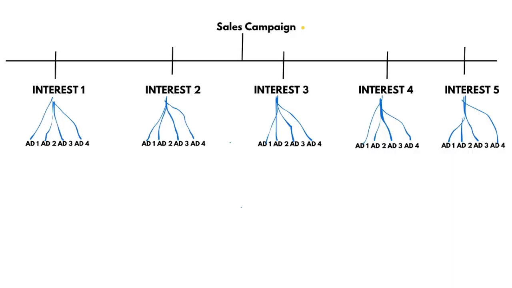After that, in each interest I will create four ads: ad 1, ad 2, ad 3, ad 4. I will create these four different ads and put them in each and every interest, like putting those ads in interest 1, then 2, then 3, then 4, then 5.